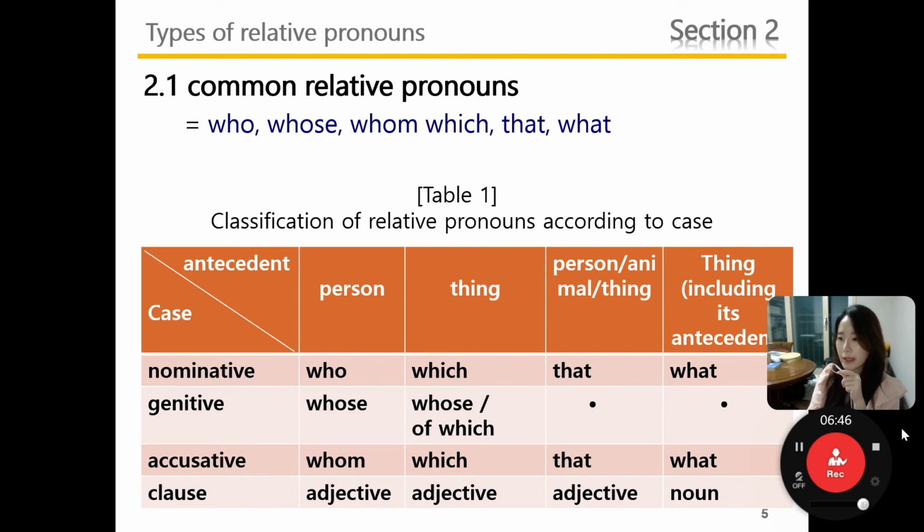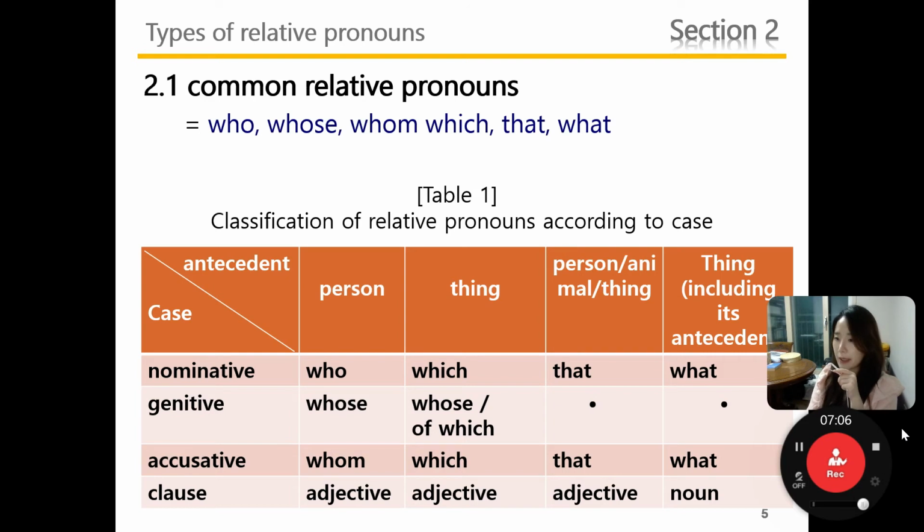Common relative pronouns include who, whose, whom, which, that, and what. Please look at Table 1. Relative pronouns can be classified according to case as follows.